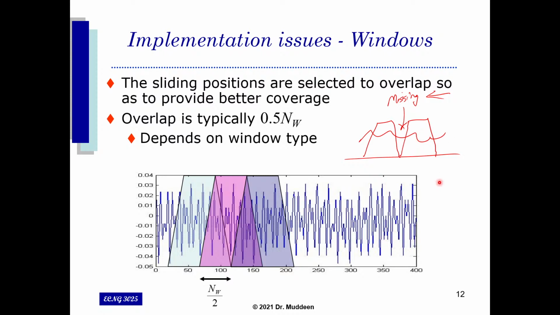So in factoring those two parts of information, you get a more accurate representation of what the FFT would be for the entire signal. So that's why the overlap factor here is quite important, because you capture any missing information as well as get a more accurate representation of what the FFT would be for the entire signal.